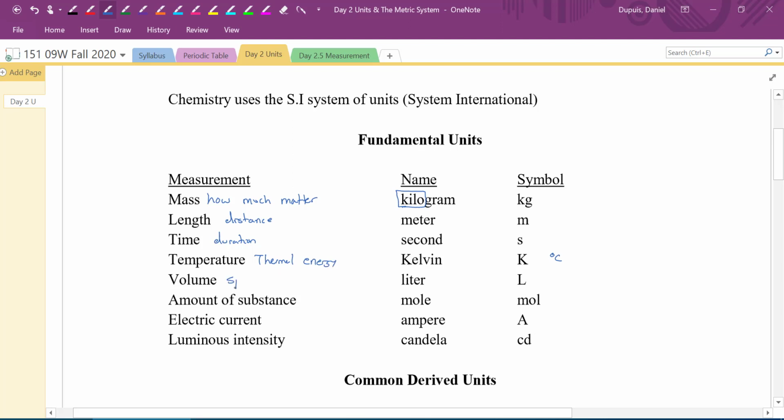Volume would be space. All right, and that's in 3Ds. Amount of substance, which we'll get to later. Moles. Think, particles. Electric current is amperes, and that's more of a Chem 2. And then one we won't use at all is luminous intensity, candelas.